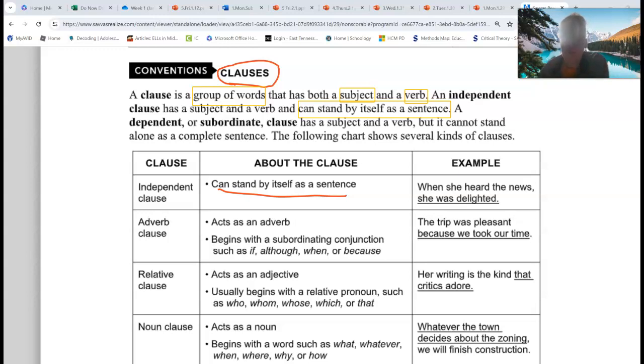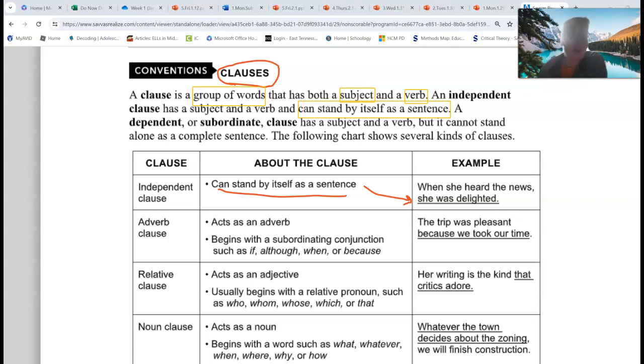When she heard the news, she was delighted. The independent clause is what is underlined. If I only take the independent clause, she was delighted, it has a subject, she, it has a verb, was. What was she? She was delighted. Complete thought, so it is an independent clause.